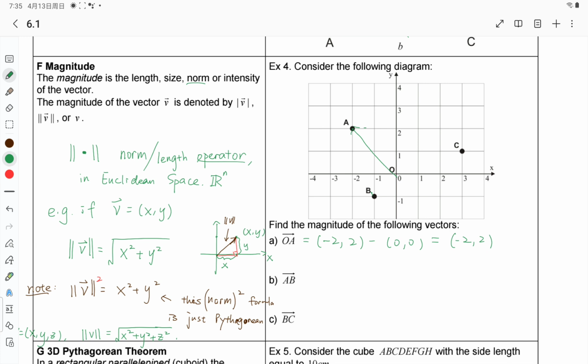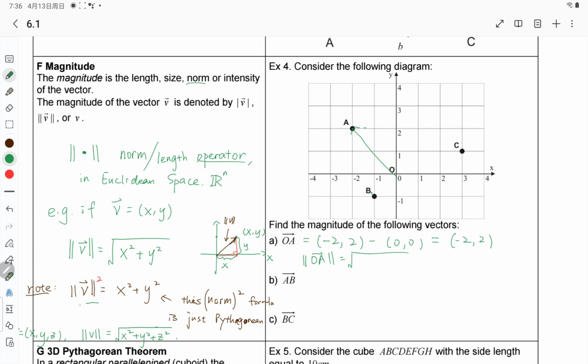And then the magnitude, I think it's just applying our formula, right? You definitely have this square root. It's super important, because if you don't have the square root, then you'll have the norm square.